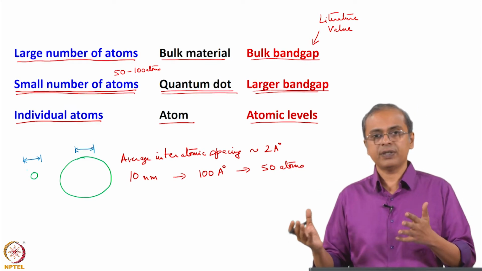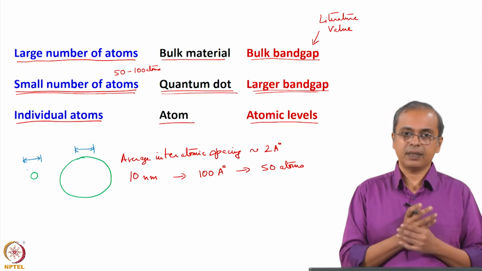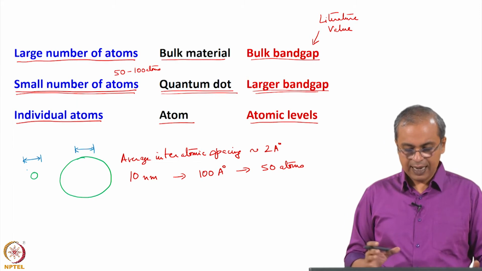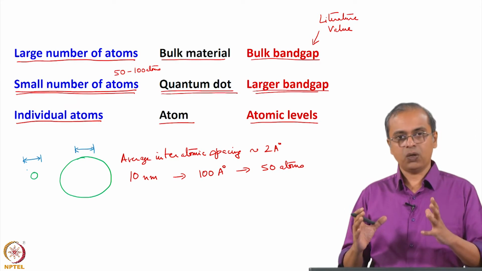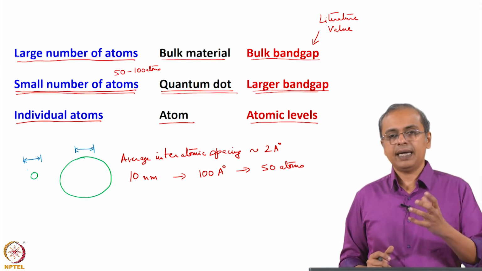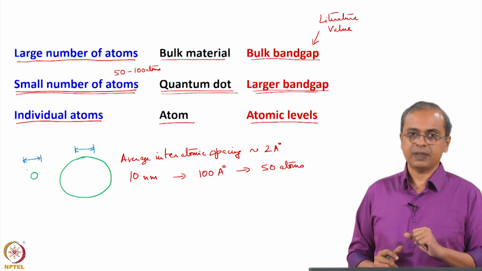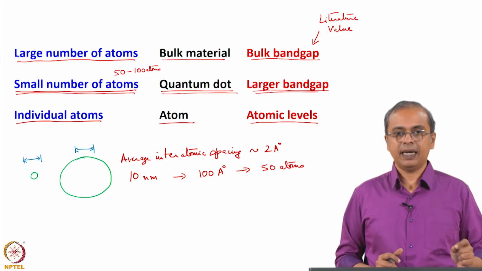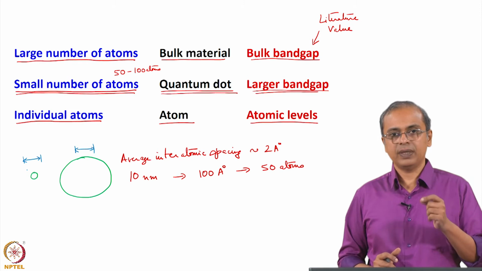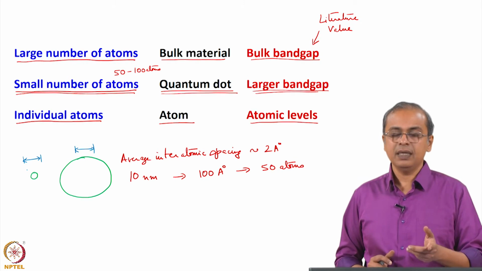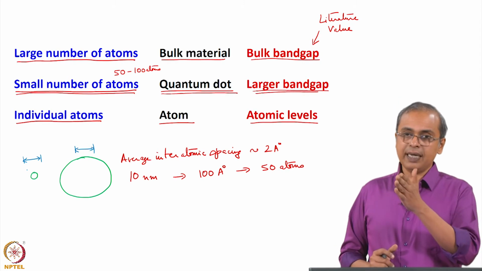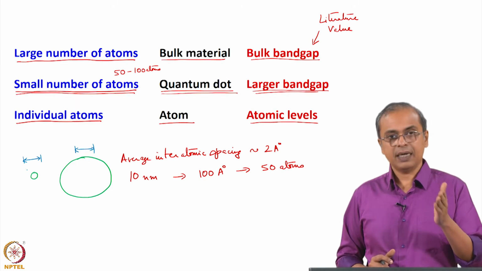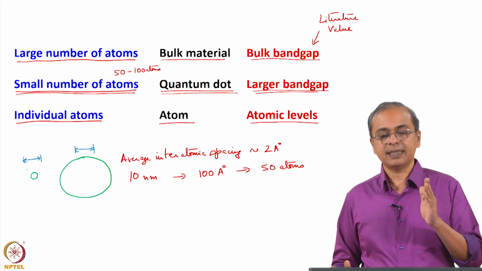Usually it is a blue shift, which means it is moving towards higher frequencies or lower wavelengths. This is called creating a quantum dot, and with this you can change the optical property of that material, and therefore, you can get the same material with a different band gap. This is a very important technical accomplishment for us, because you can now get a wide range of band gaps, but the chemical composition is exactly the same.